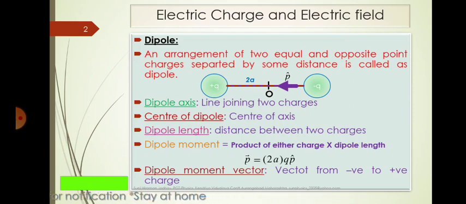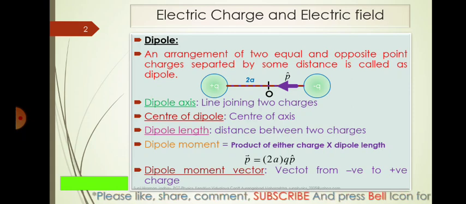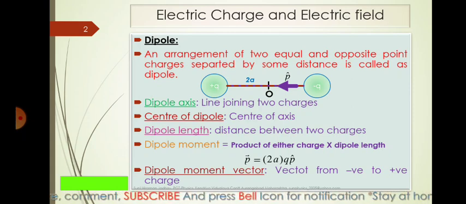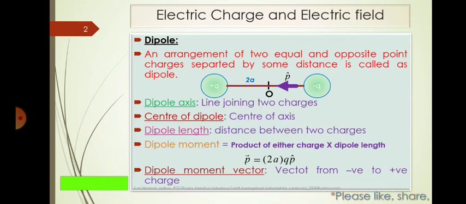So we can write vector P is equal to 2aq into unit vector p. Here 2a is the dipole length and q is the magnitude of any one charge, right?